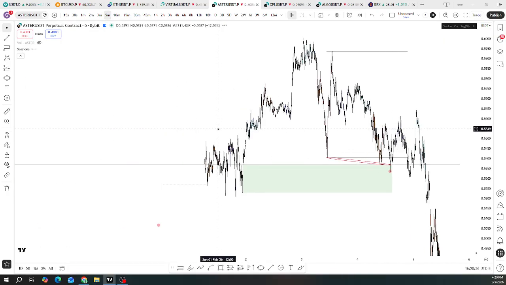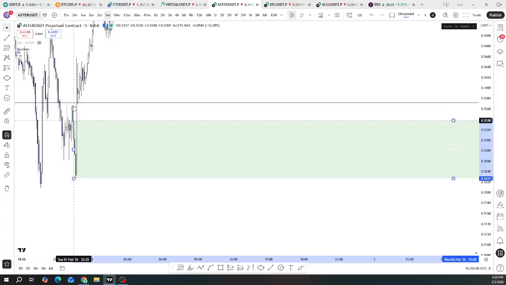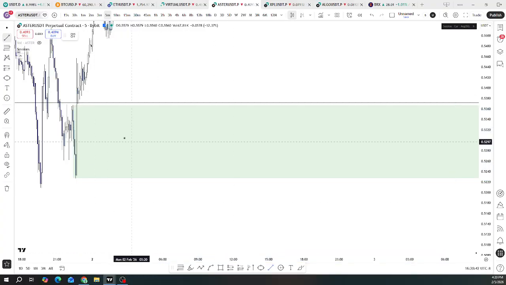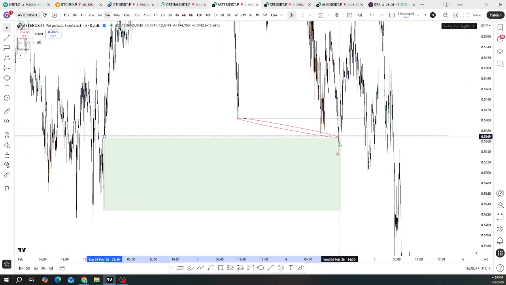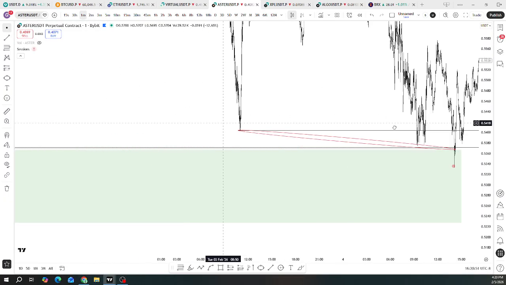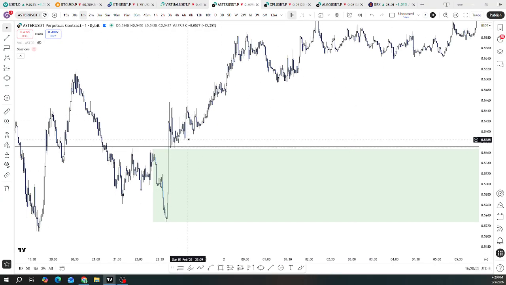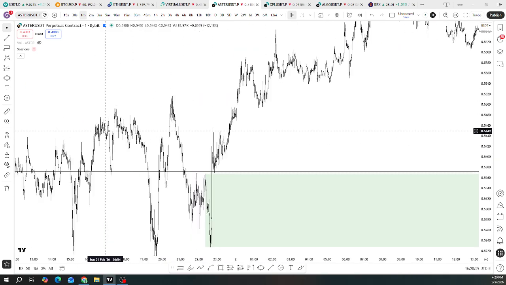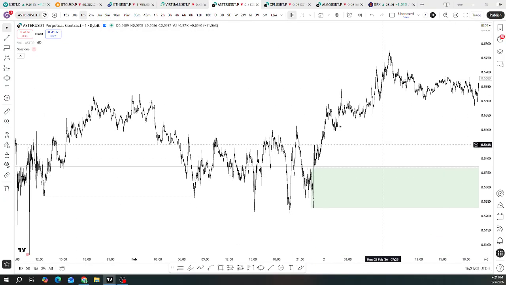If I zoom in on the third tap POI, you can see it's an extremely clean demand zone right here with the low time frame inefficiency starting directly above it, and nice liquidity POI separating it from the inefficiency where you have all this liquidity, small inefficiency, and then a clear order block. You can see that clean liquidity buildup and then clear order block right there. That is structured demand on the lower time frame.